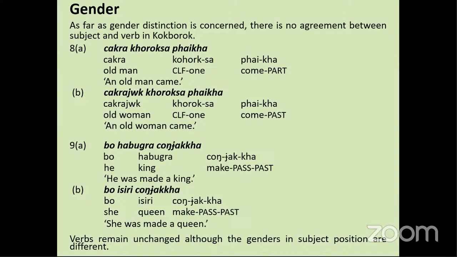For example, Sakra, Koroksha, Faika, and all men came, and Chakrajuk, Koroksha, Faika, and all women came, and Bo Habugra Chongjakha, he was made a king, and Bo Isri Chongjakha, she was made a queen.